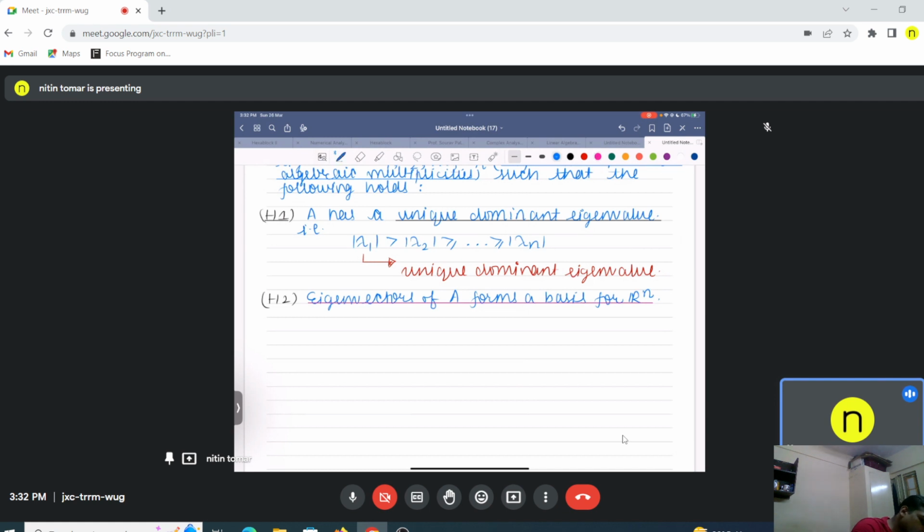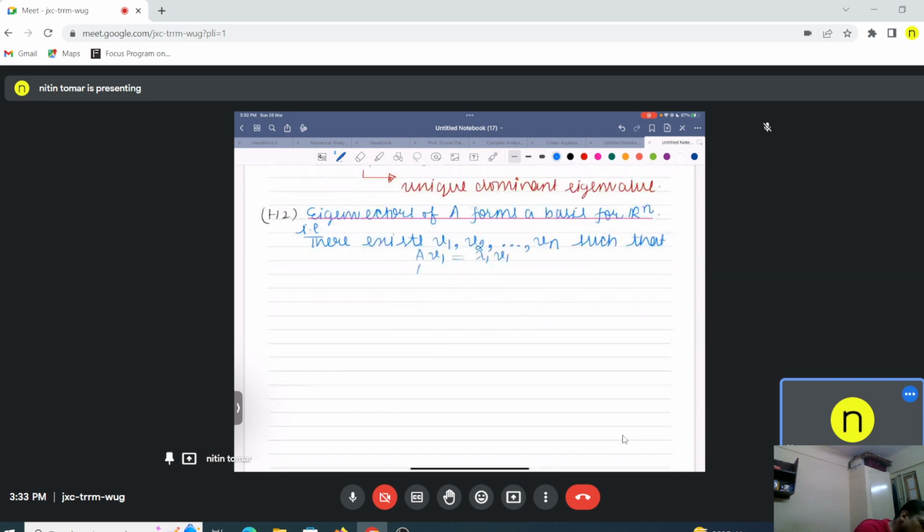It means that there exist vectors v1, v2 up to vn such that A v1 is lambda 1 v1, A v2 is lambda 2 v2, and A vn is lambda n vn.